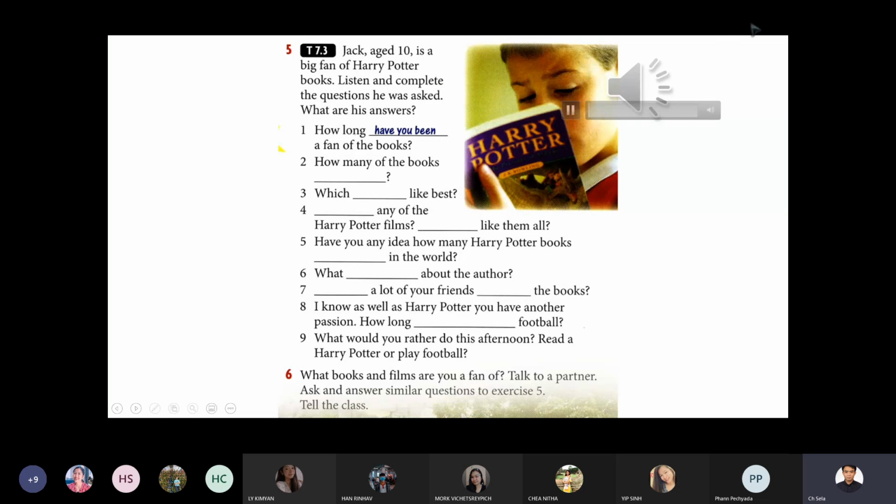Tape script 7.3. Jack, age 10, talks about Harry Potter. So, Jack, I know you love Harry Potter. How long have you been a fan of the books? I think since I was about 5, but I was so small I couldn't read yet, and my mum read them to me. How many of the books have you read? I've read them all.